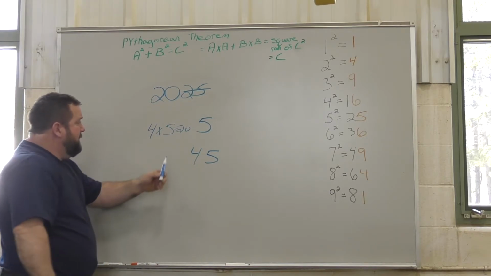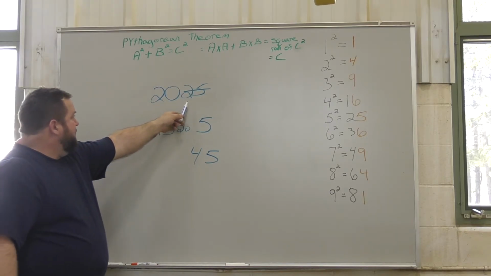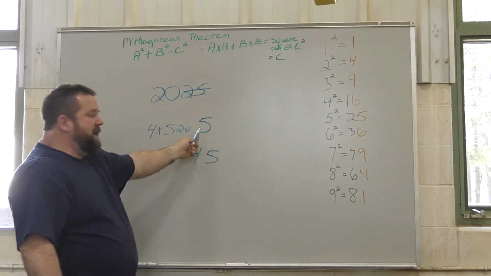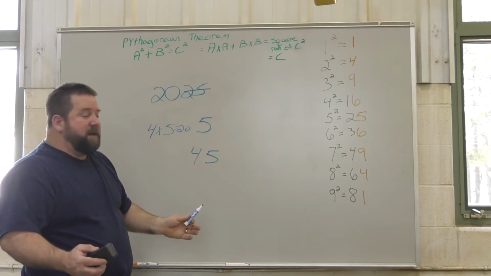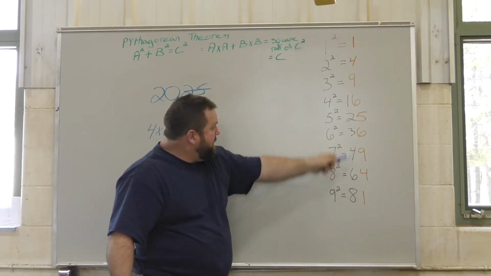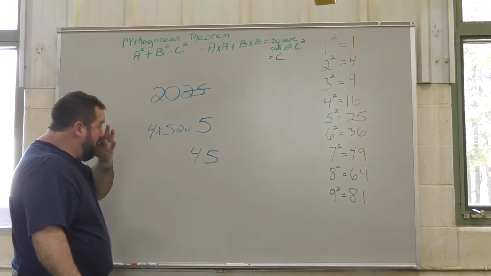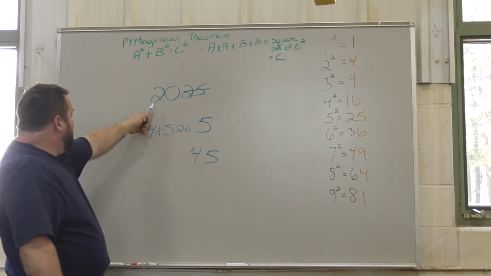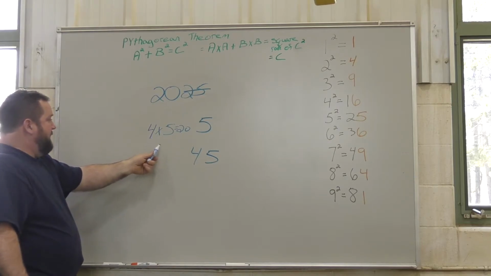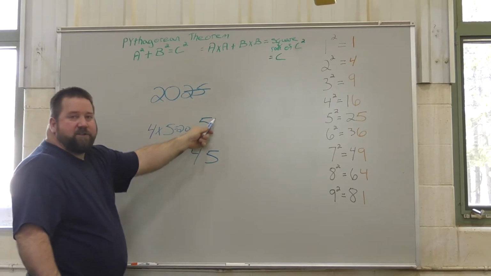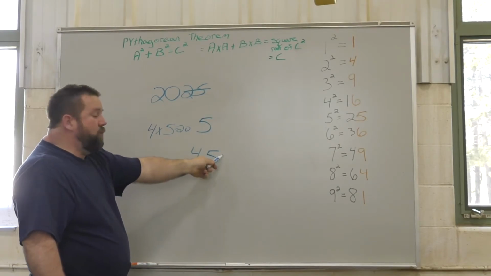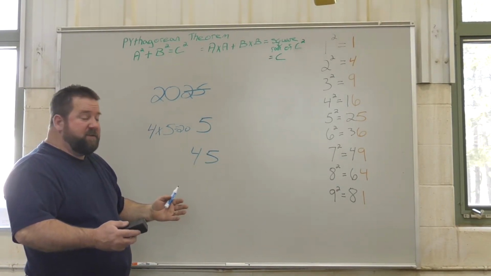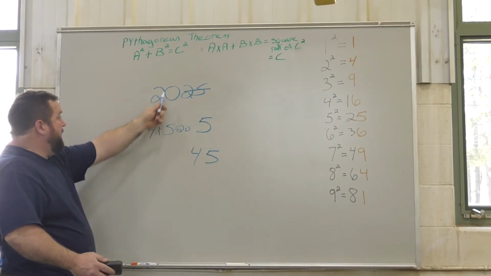You could get that just by looking at it. You could see, okay, we've got a 5 here. I've only got one over there that has a 5, so we know that it has to be a 5. The only number it can be, because it's the only number over here that we have. There are no other options. In the same way here, we come up with a 4, and that has to be it because there's nothing else to choose from. It has to be 45. We know that 5 was too much, so it can't be 55, because 5 times 5 is 25.